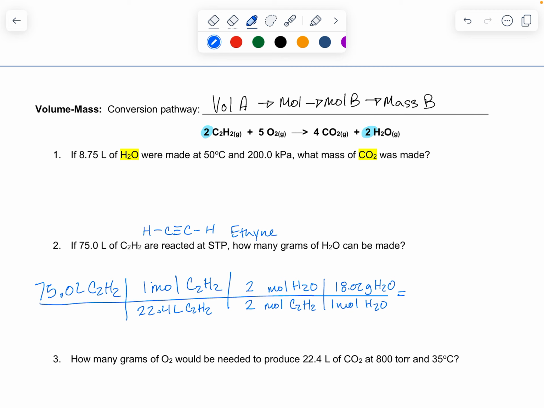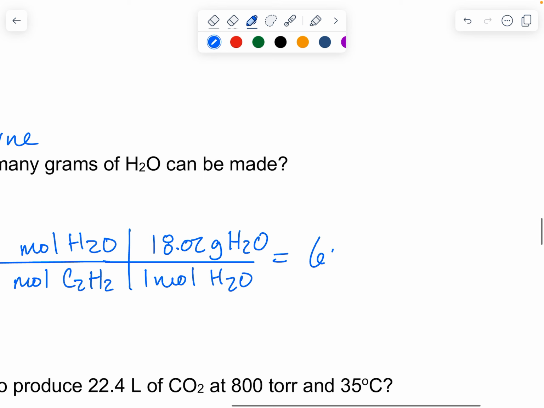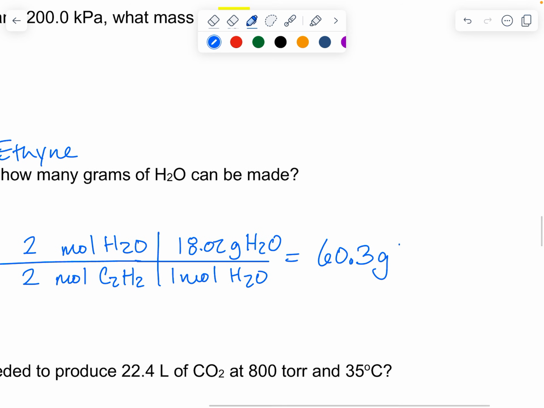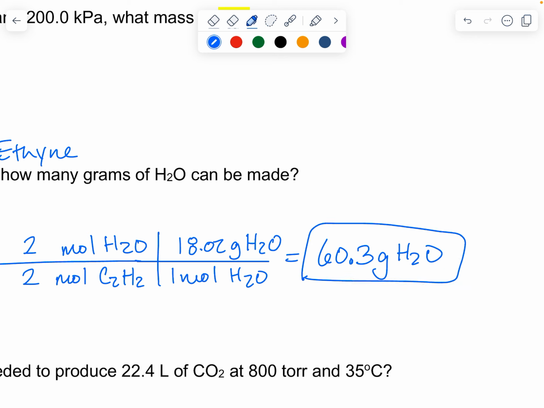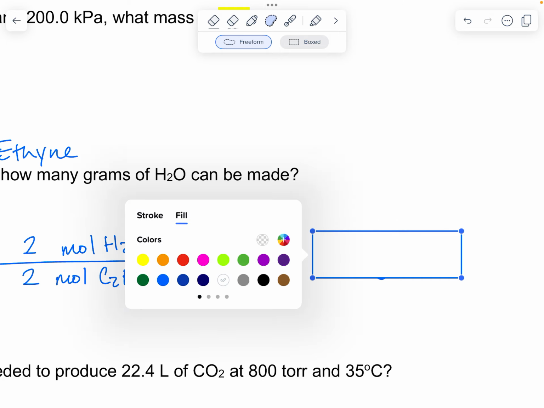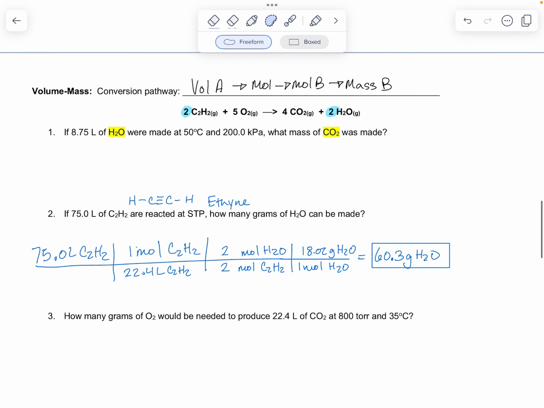So 75 divided by 22.4 times 2 divided by 2, times 18.02, I got 60.3. The units are going to be grams of H2O, or grams of water. Go ahead and circle or draw a square around that answer. We got 60.3 grams of water.